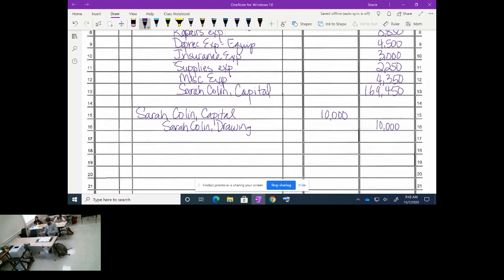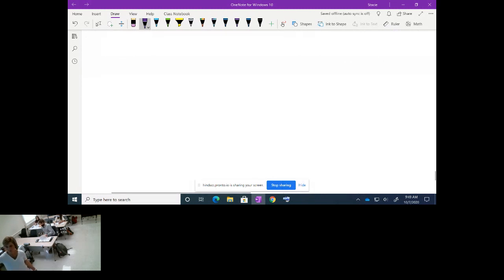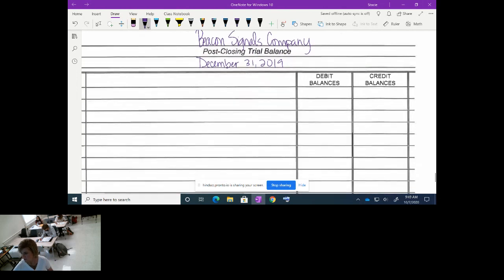All right, so the last thing to do is a post-closing trial balance. This will be the shortest one you'll do. We have had to do three: unadjusted, adjusted, and this is our post-closing. So Beacon Signals, dated December 31. This is literally going to be what is on your trial balance, lines for cash through capital.